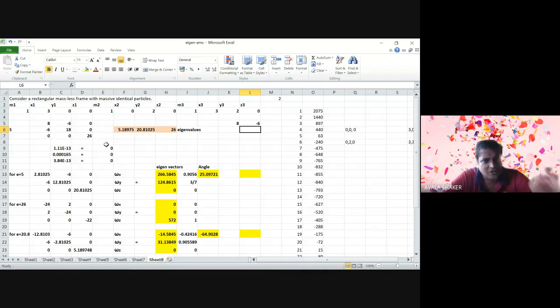Otherwise you will have to put in a lot of effort, but once you have programmed it, you just change the values and you get the moment of inertia tensor. Till here any problems? I can go to the next step.